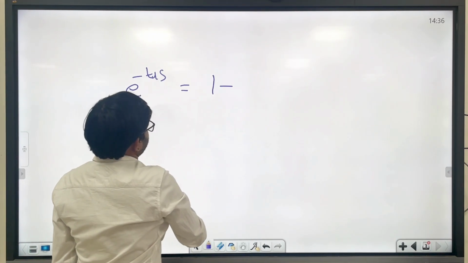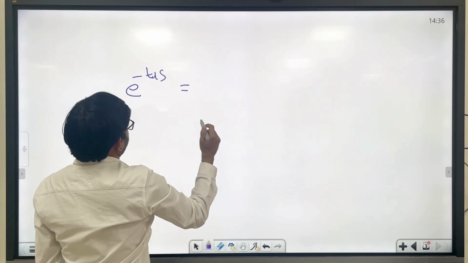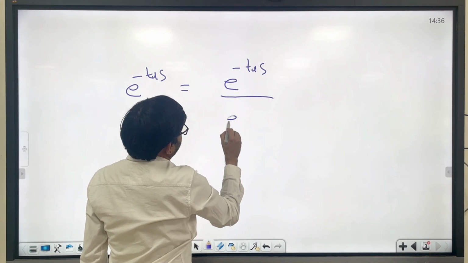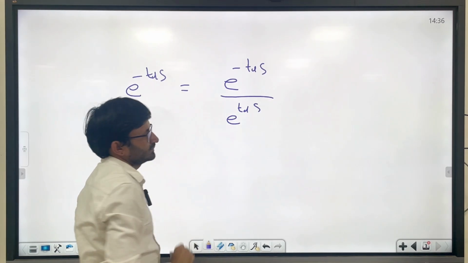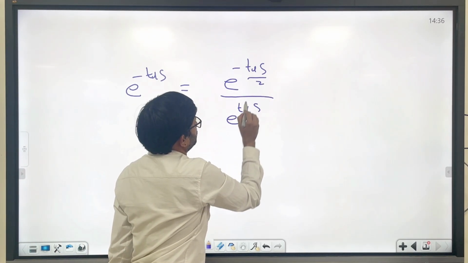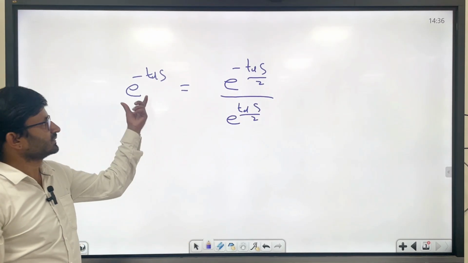What you can write is e to the power minus Td into s by 2, divided by e to the power Td into s by 2, right? That will become this.